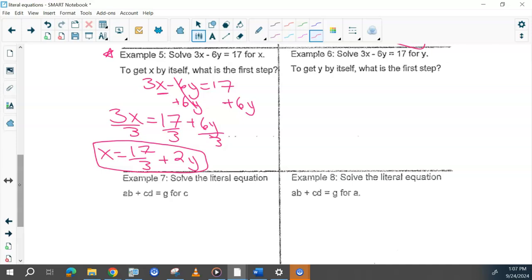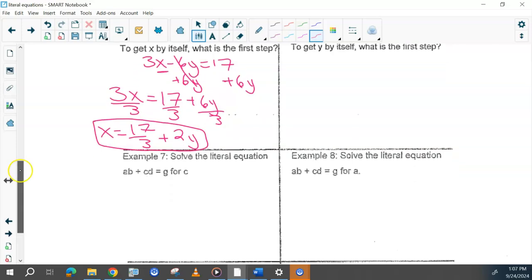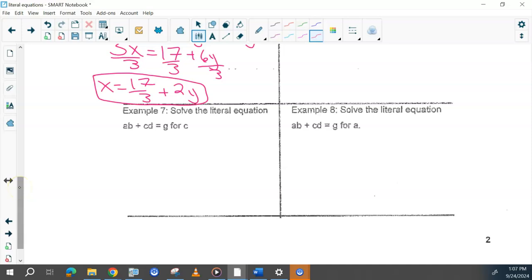Okay. 7 and 8 are very similar, but now we only have variables. Let's say we're solving for c at number 7. How would we do that? Think about what we just did. Minus what?